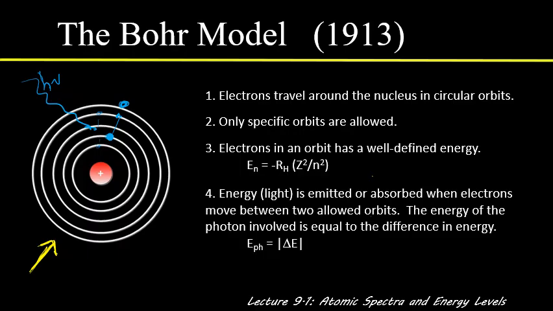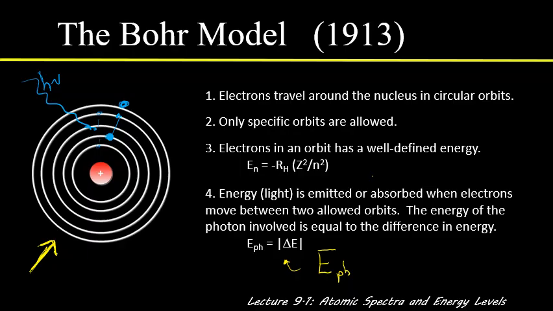Let me add one more thing here, in case this was not in one of the videos; this is part of chapter 8. I need to remind you of this in the chapter 9 videos, and that is the energy of the photon. The energy of the photon is just the absolute value of the change in energy.